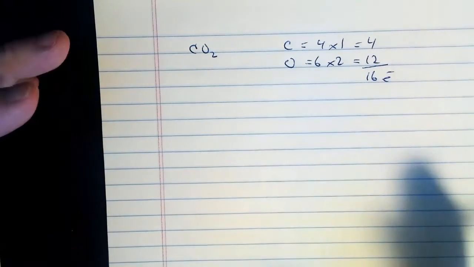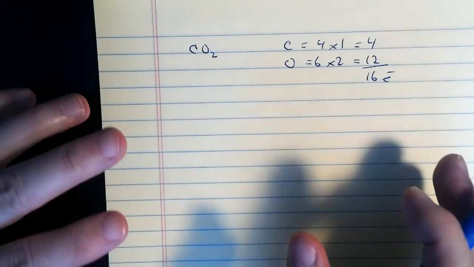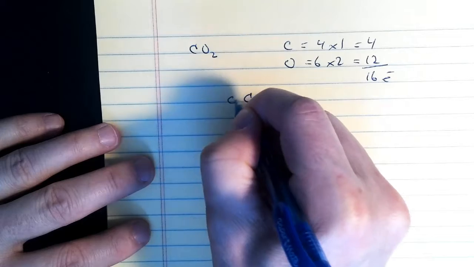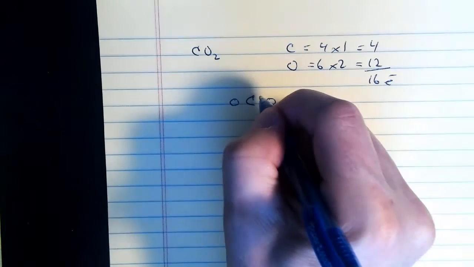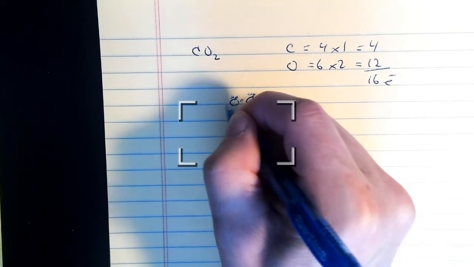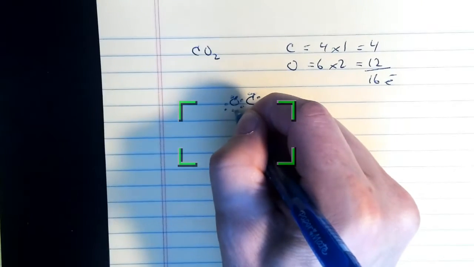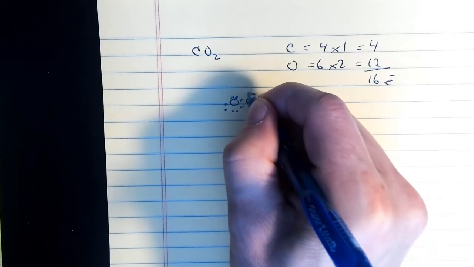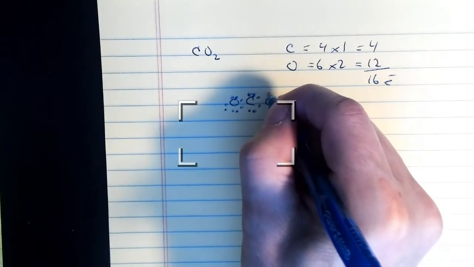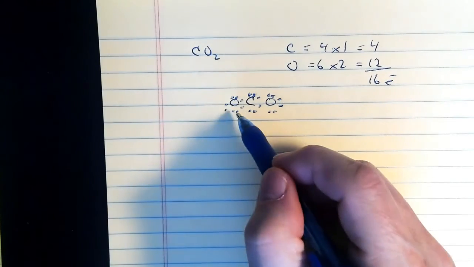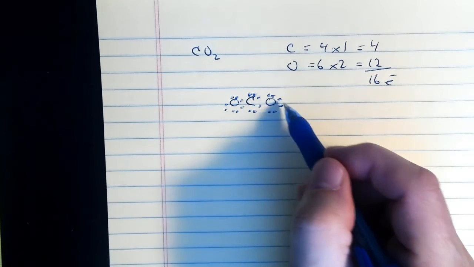Now, if you got 1 of one kind and 2 of another, almost always that one's going to be in the middle, and it's carbon, so it's certainly going to be in the middle. Put your 2 oxygens on the outside like that. And let's do what we normally do. Try to give each one 8 electrons. 2, 4, 6, 8, 10, 12, 14, 16, 18, 20.